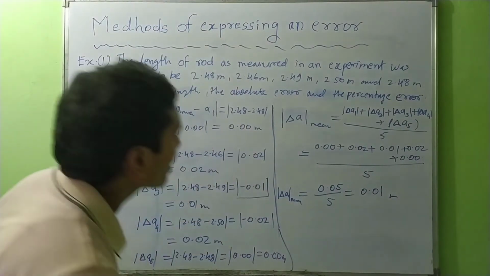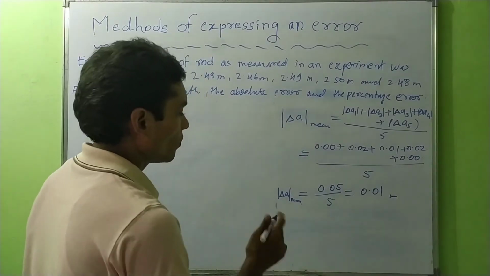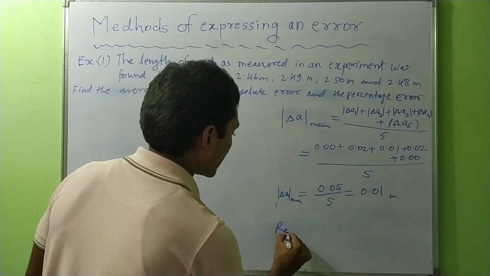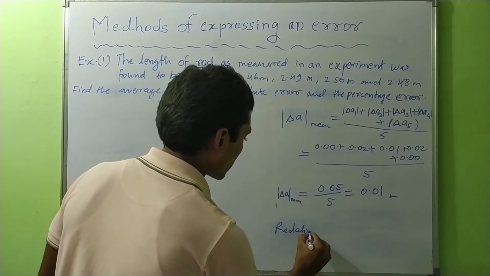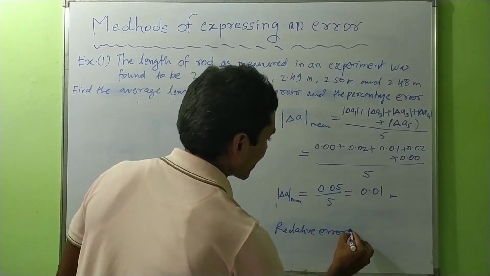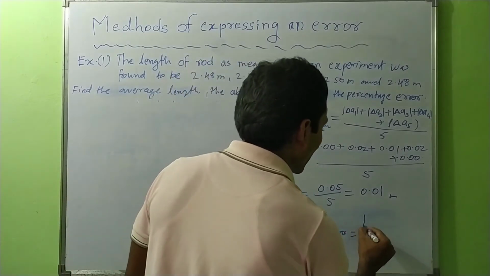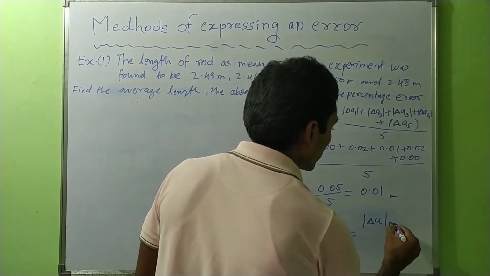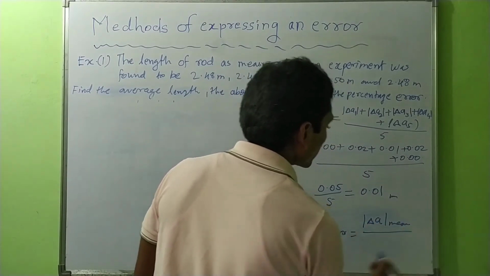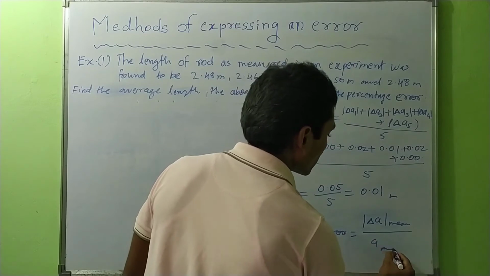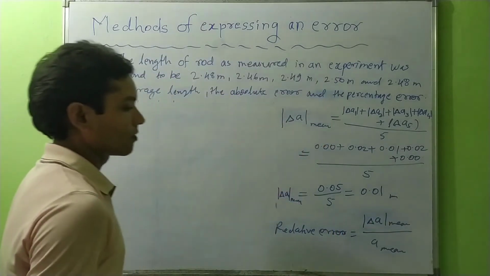Now we will calculate the relative error. So what is the formula of relative error? We know that the relative error is equal to the ratio of mean absolute error to the mean value.